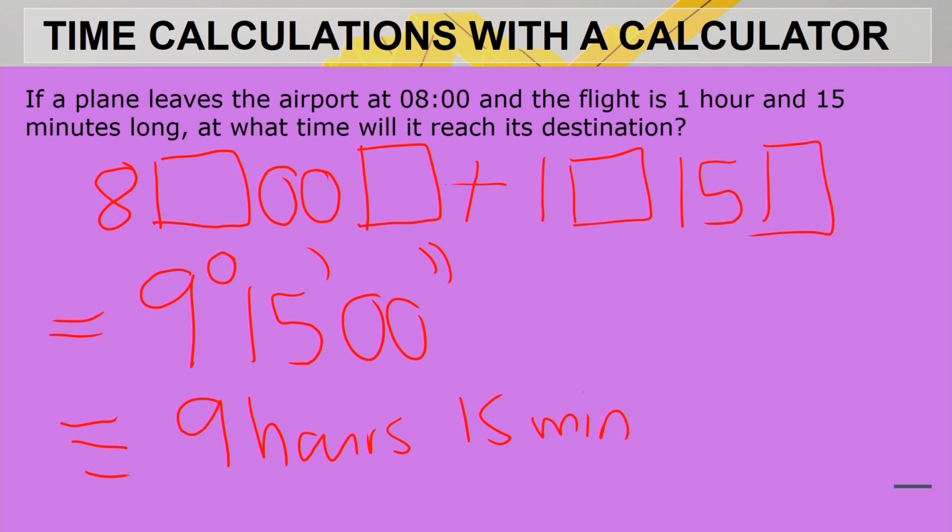Sorry, we have to write it as 9:15 a.m. If I wanted duration, I would have used the words. But now let's quickly look at the question again. If a plane leaves the airport at 8 o'clock and the flight is 1 hour and 15 minutes long, at what time will it reach its destination? It's going to be 9:15 a.m.